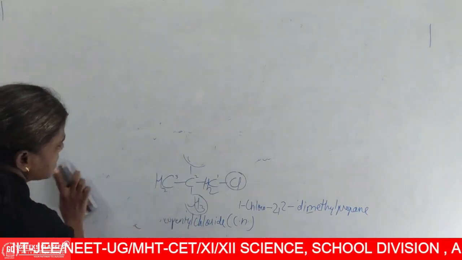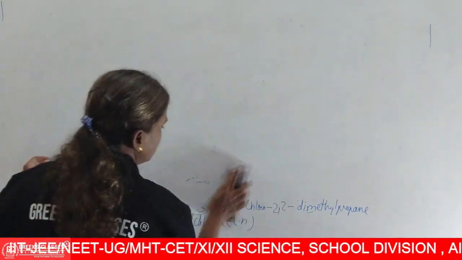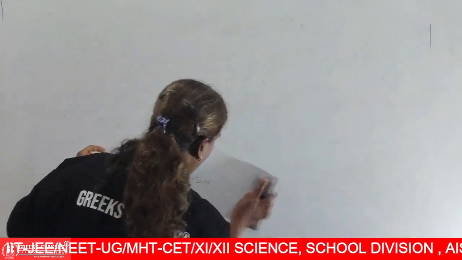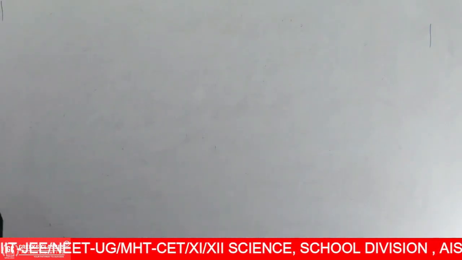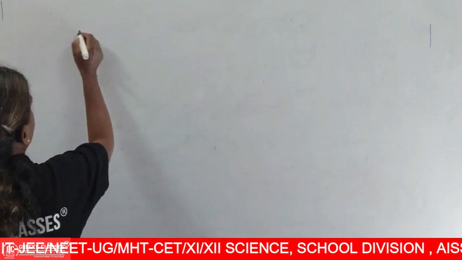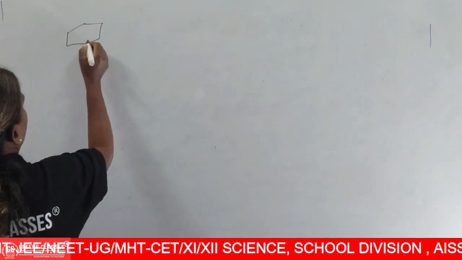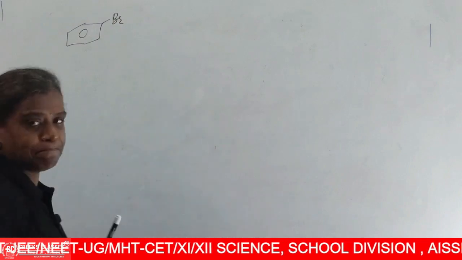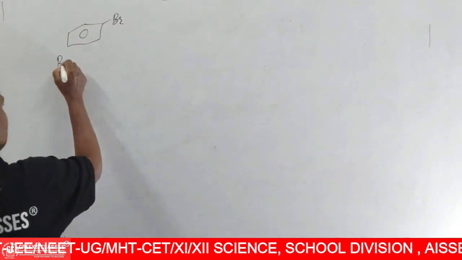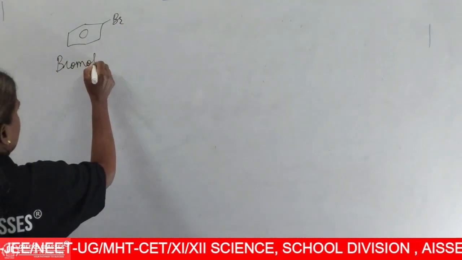Some of the examples I would show you how to name, and a few more I would give you as practice. So here I have an aromatic system, and let us say bromine. So this is obviously bromobenzene.